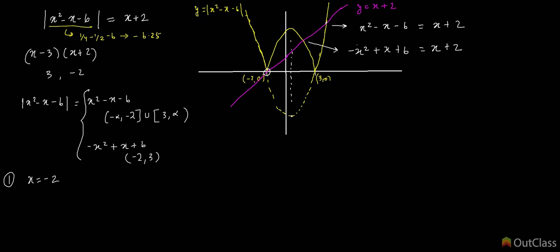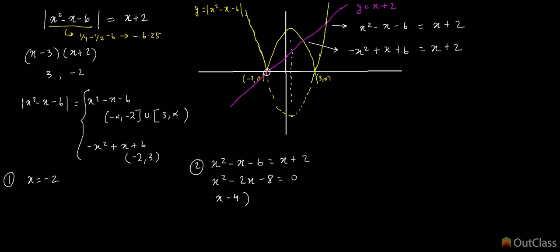So therefore I'm writing minus of my expression, and you can solve both of these to get the required answer. So the second one is basically x square minus x minus 6 is equal to x plus 2, which gives you x square minus 2x minus 8 is equal to 0.